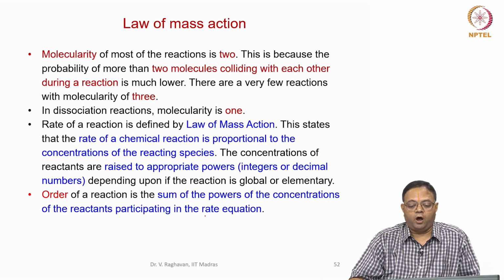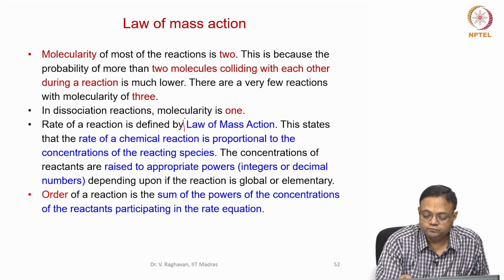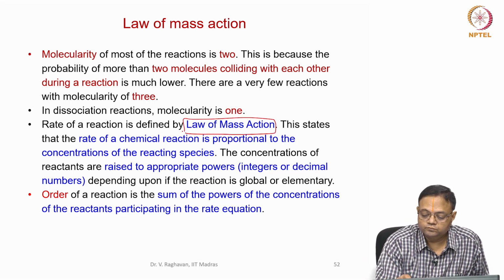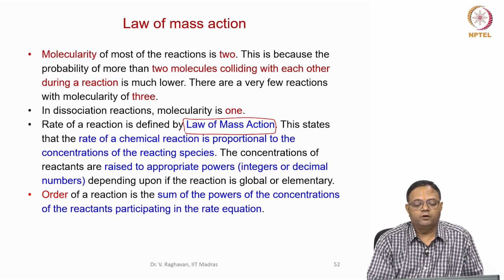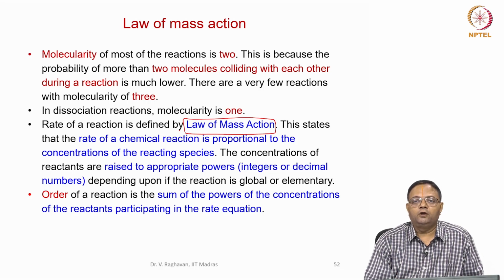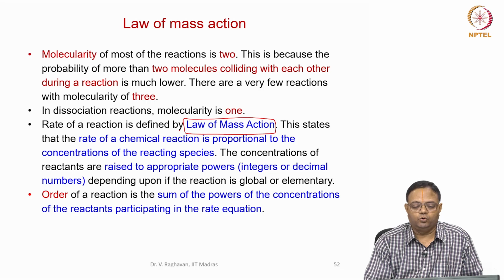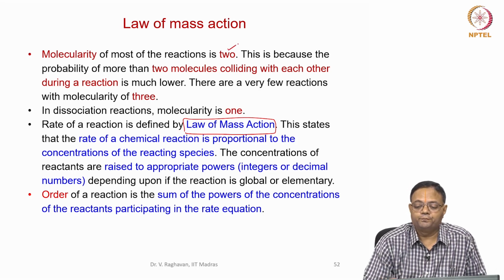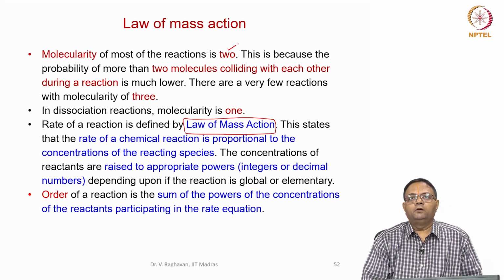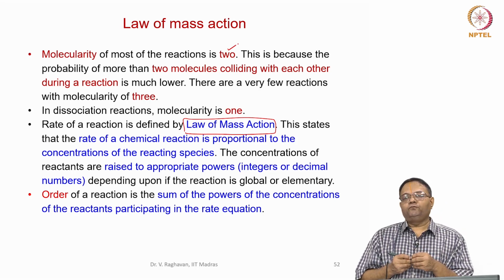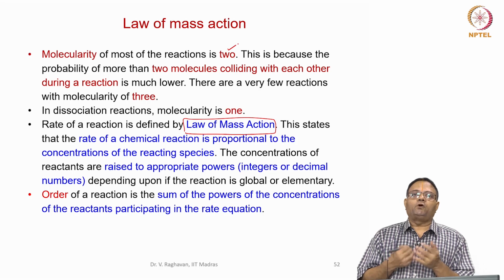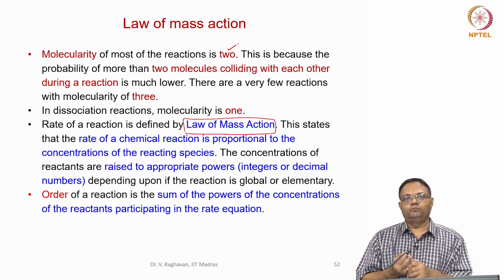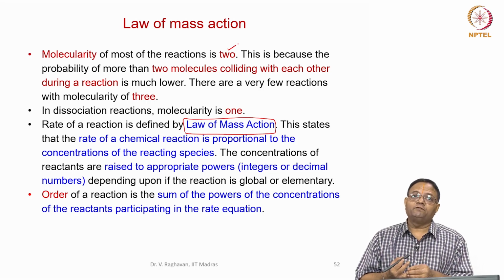Now, the law of mass action. First of all, we have seen that the molecularity of the particular reaction I have shown is 2. If you take several reactions, molecularity will be around 2 only. Why? Because the probability of 2 molecules colliding and forming products is very high. So, we need a probability factor also for this.